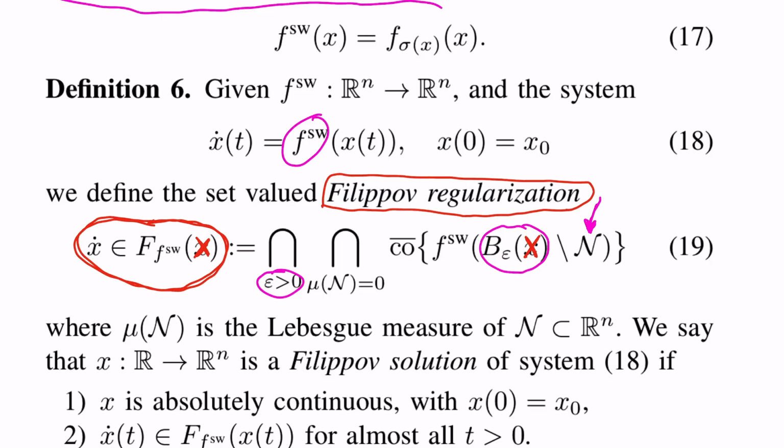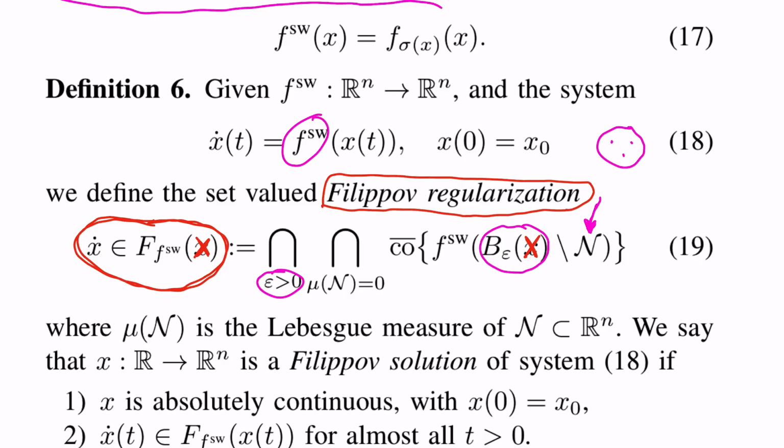So for a given x and a given epsilon, we construct the open ball, and then we get rid of the points that are not differentiable. So we have an open ball, and then we got rid of some points. You can kind of make sense of that expression in your head, of course, a kind of hand wavy way of explaining things.